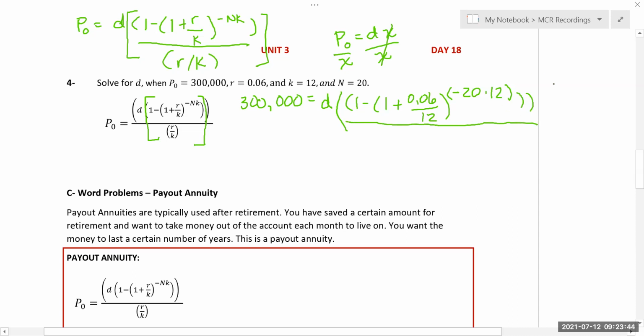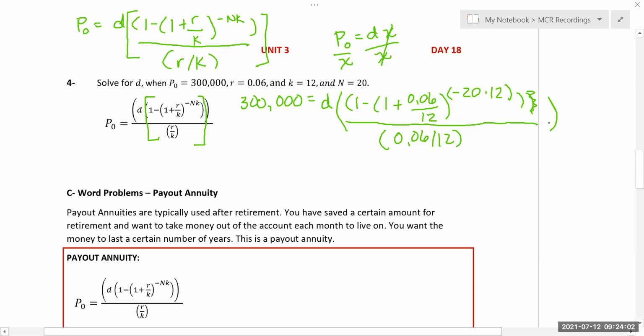Oops, sorry, that is only one set of close. Yep, because it's 1, 2, 3, 4. Yep, the outer one's already there. And then divided by 0.06 divided by 12, close again.